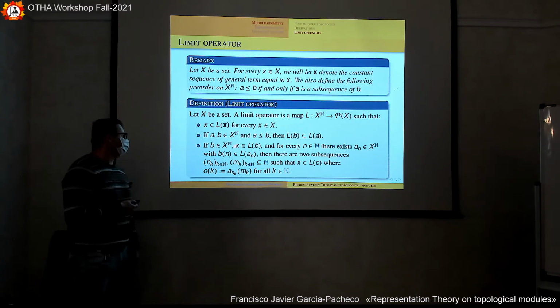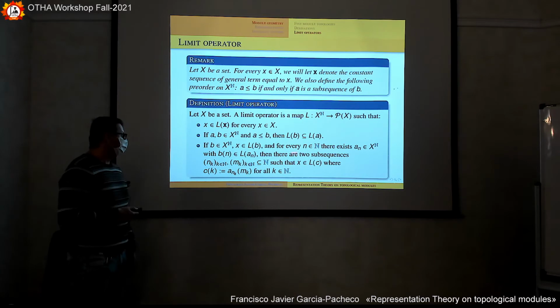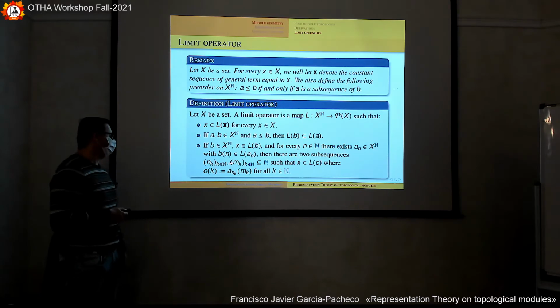And if B is a sequence, X is in the limit of B, and every element of the sequence is also the limit of another sequence, then you can find two subsequences of numbers so that X is in the limit of C, where C is a sequence defined this way.